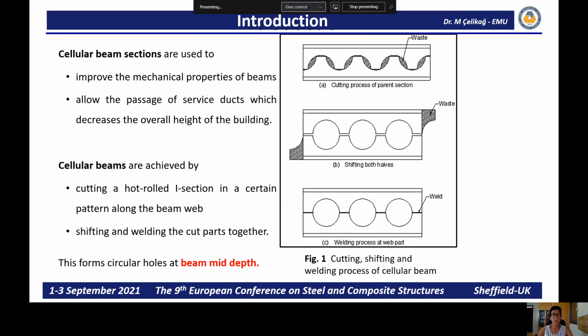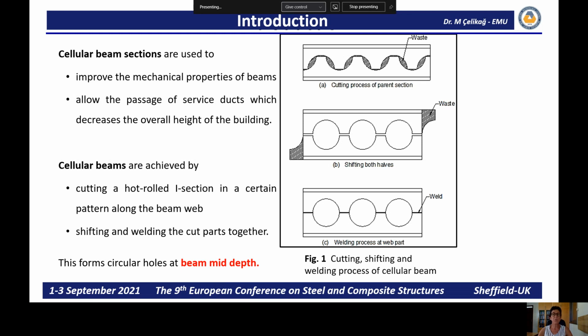Since their introduction in structures, cellular steel beams have been popular, particularly for long spans. I can give the following as examples to the advantages they provide. They improve the mechanical properties of beams and allow the passage of service ducts, which decreases the overall height of the building.